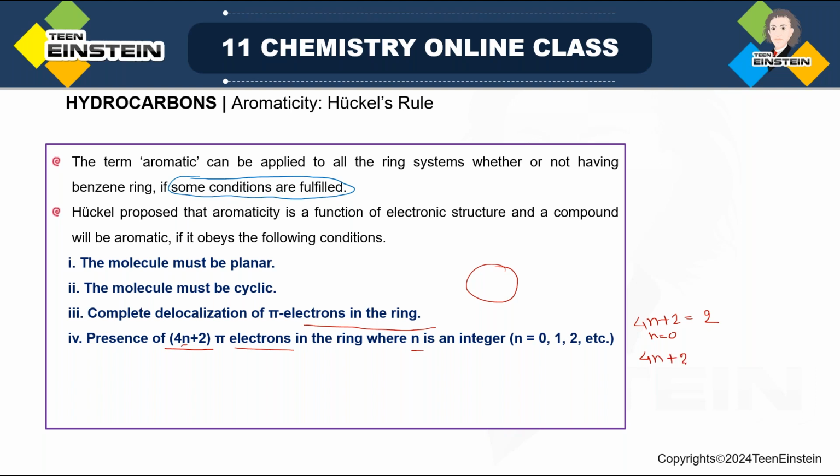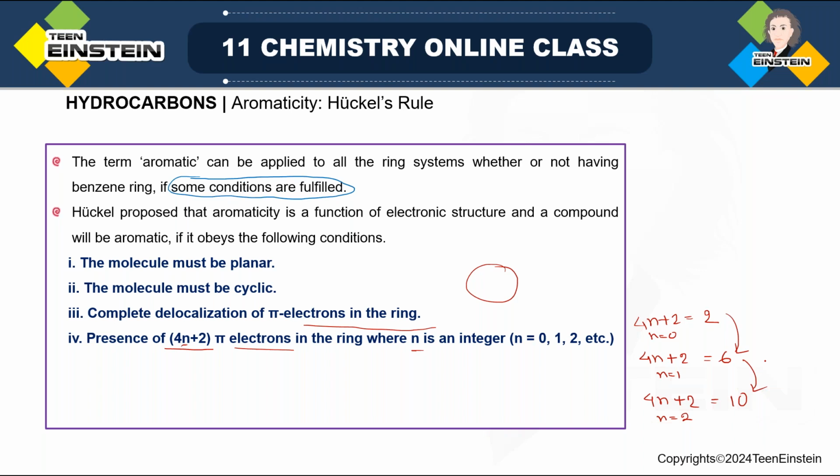Next, when you put n equal to 1, you get 6. Next, if you put n equal to 2, you get 10. See how it proceeds: 2, 6, 10. When this number of electrons is involved in delocalization, the electrons do not have to come from a double bond only. They may come from a lone pair also.